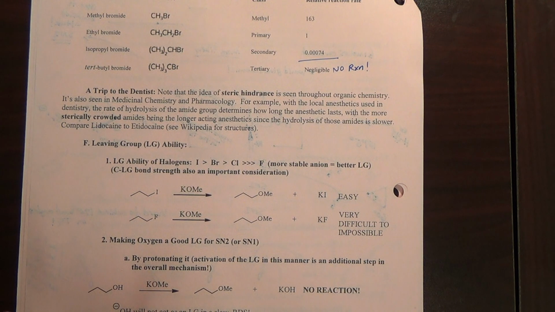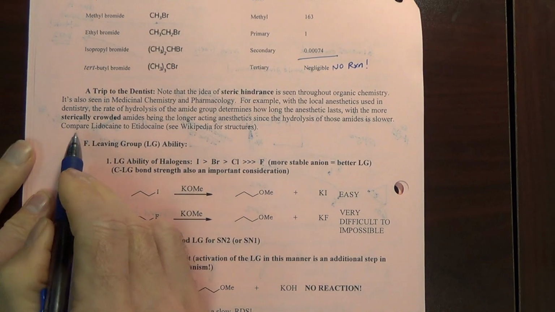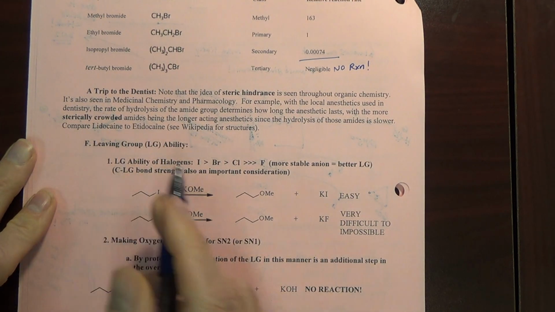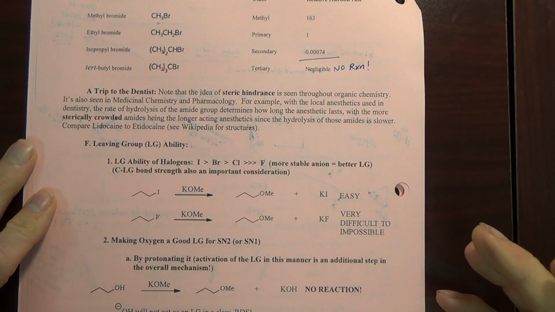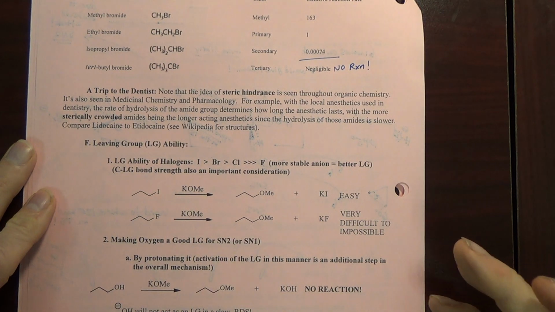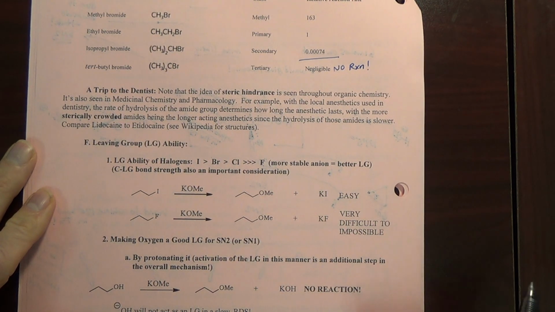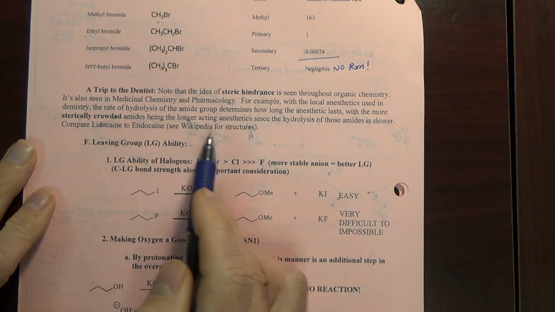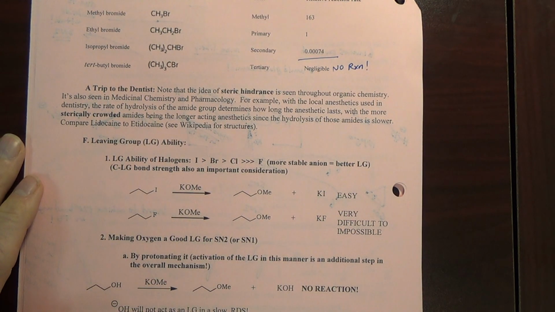And that is largely based on how fast the anesthetic is hydrolyzed in the body, or metabolized by hydrolysis. And the metabolism is largely based on steric crowding. And the more sterically hindered the amide group is, the carbonyl group of these anesthetics, the slower the metabolism.